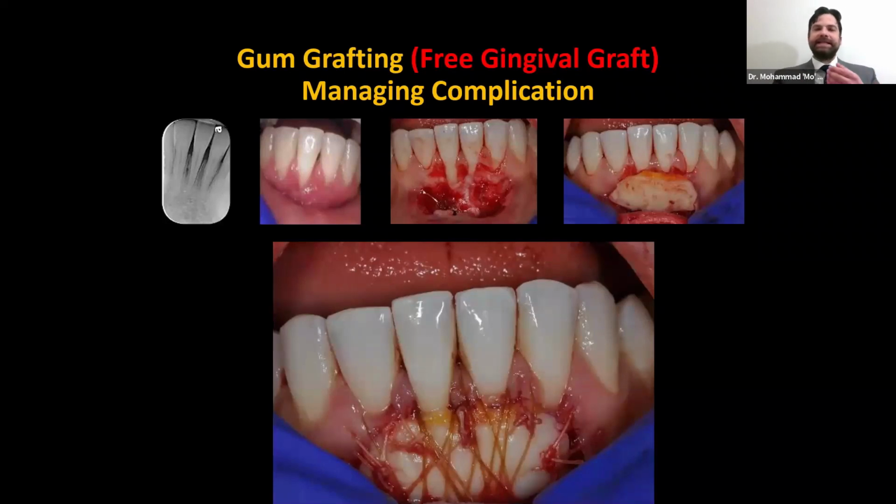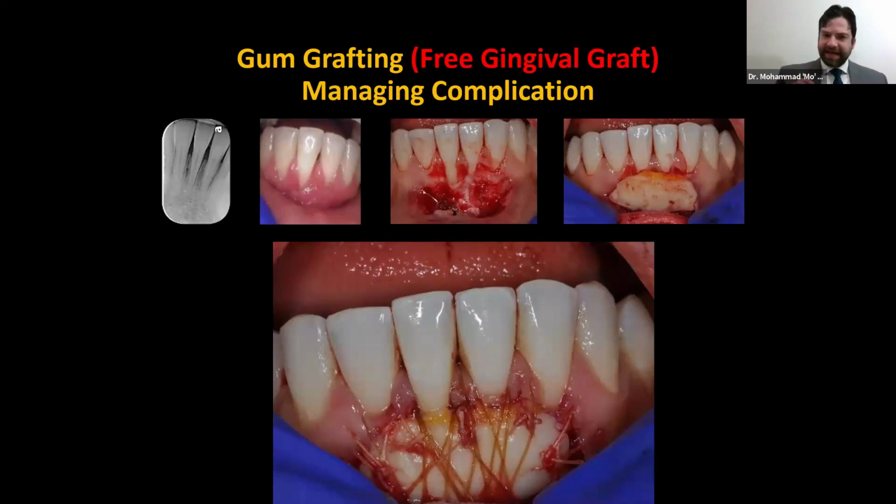These sutures allow the graft to be solidly bound or attached to the roots of the teeth. So it eliminates the dead space, eliminates the voids, and it facilitates the soft tissue cells, be it the epithelial or the connective tissue cells, to form the attachment to the root surfaces.